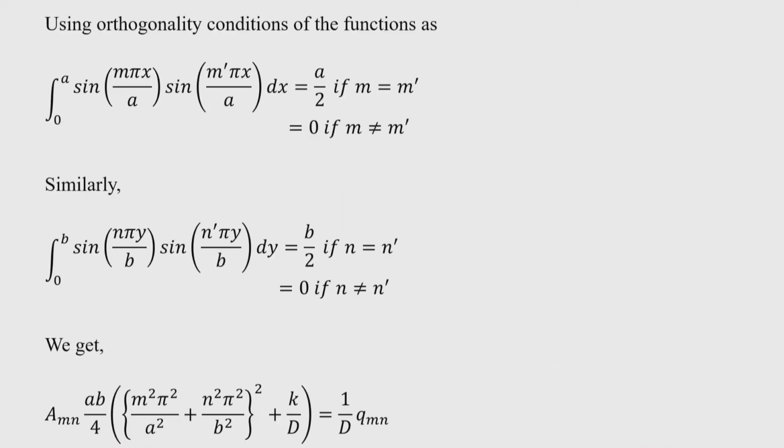Okay. So, now after doing this operation and using the orthogonality condition, ultimately we get rid of the summation term and we get AMN, the most important coefficient of our deflection series, in general term AMN, and m and n may vary up to infinity. They are integers, and different combinations of m and n are possible, say m is equal to 1, n is equal to 1, m is equal to 1, n is equal to 2, m is equal to 1, n is equal to 3, like that.